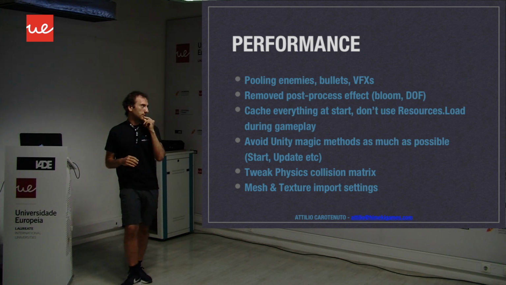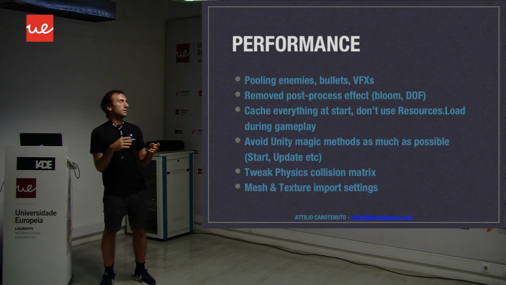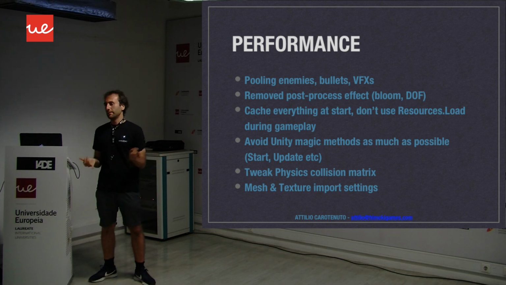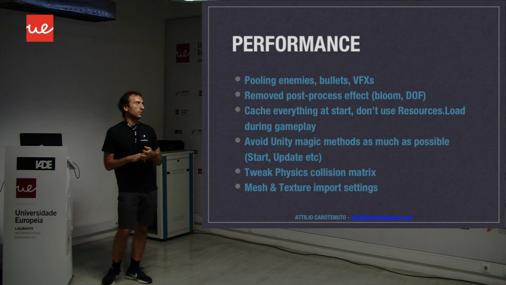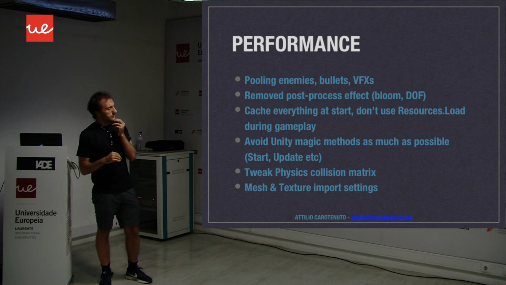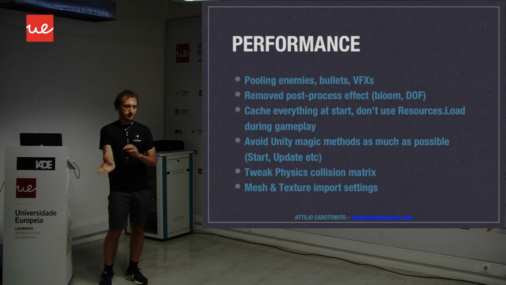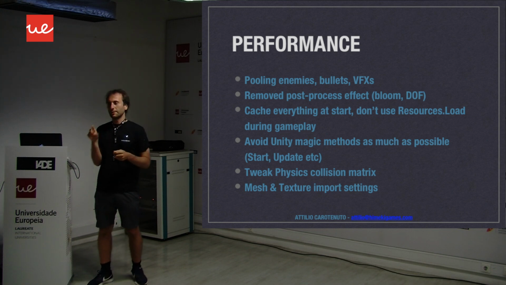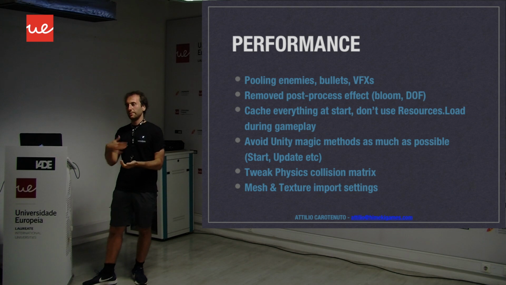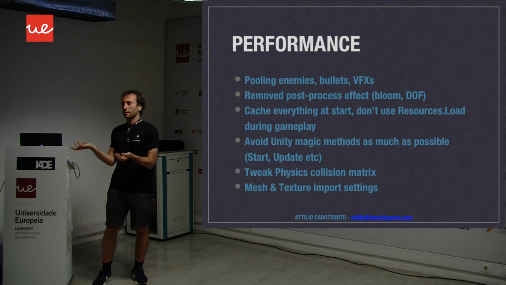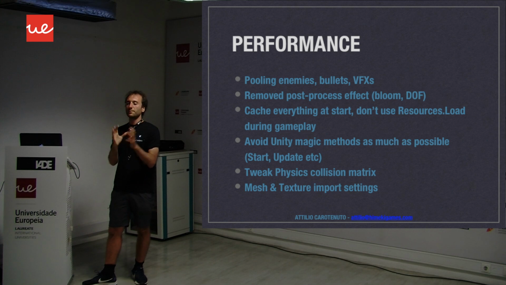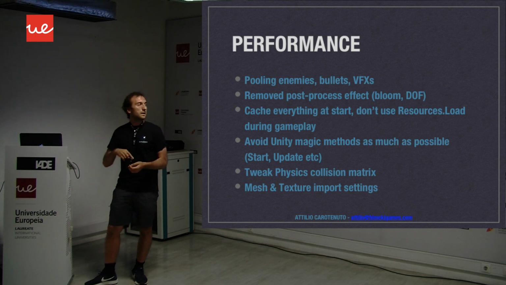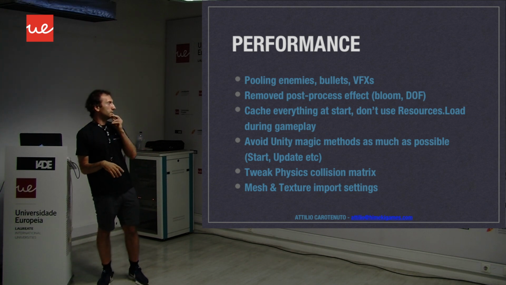And you can use Load to load these resources, either music, sprites, game objects. We started using that because it's convenient, because you can pass a string to load a resource, but it's pretty heavy, so you should always try to either use that just at startup before gameplay or just use references. So have some kind of prefab archive, like all the enemies are in a prefab with all the references, so you can just use that. So yeah, avoid using that.